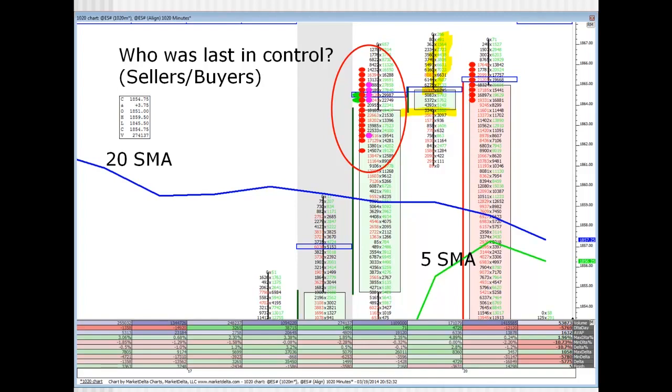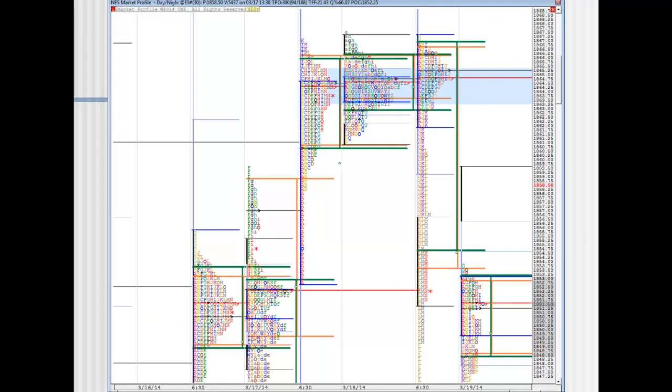First, I want to go back and hone in on something that we began our discussion with, which was the settlement period. And I always like to draw a rectangle around the area of the settlement period, as you see here, to get an idea about where it is on the chart.